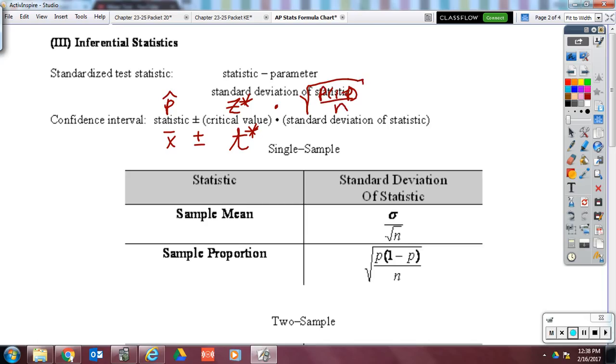This unit, for means, it's this. But do we have a population standard deviation? Sigma is a population standard deviation, which we don't have, so we use the next best thing, which is S of x. So our standard deviation is going to be S of x over the square root of n.